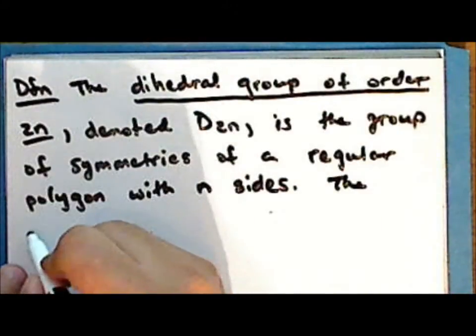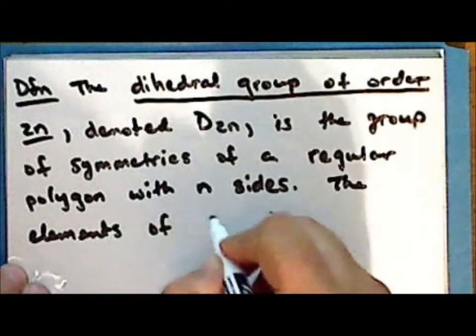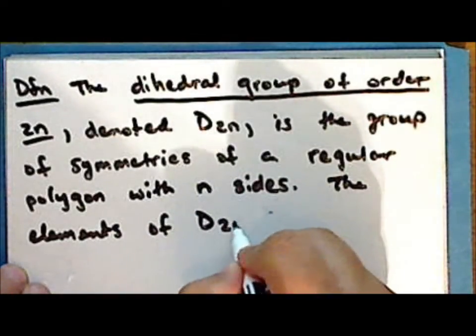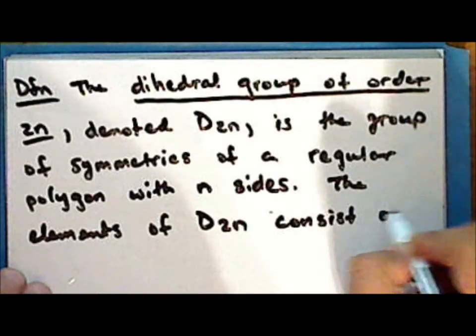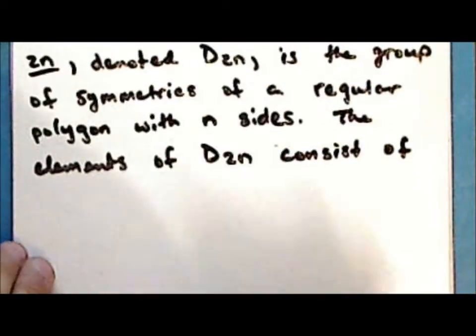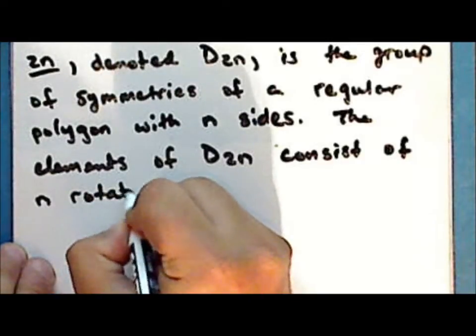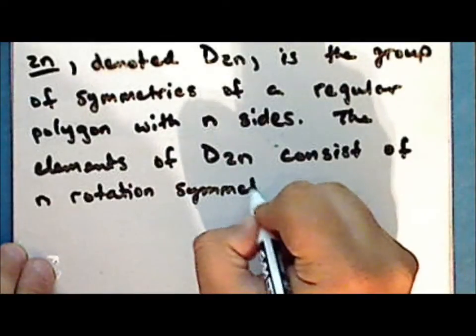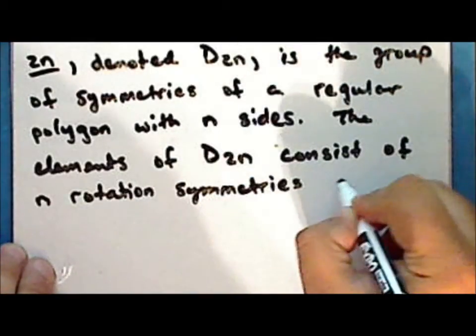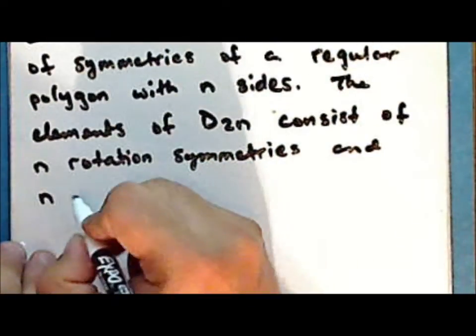The elements of the dihedral group of order 2n consist of n rotation symmetries and n reflection symmetries.